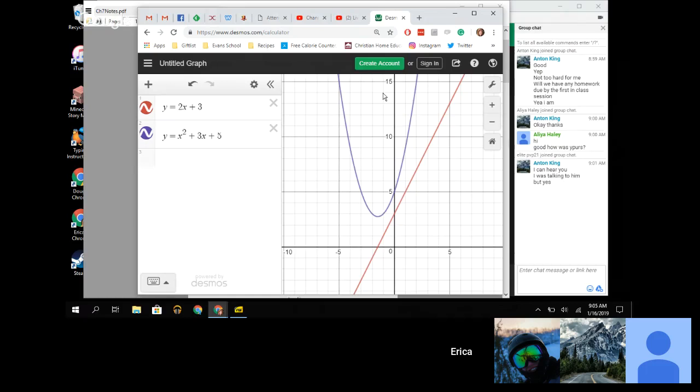So today, and in chapter 7, what we're going to learn about is a new function type, which is an exponential function. Basically, an exponential function is when you have your variable, your x, in the exponent.